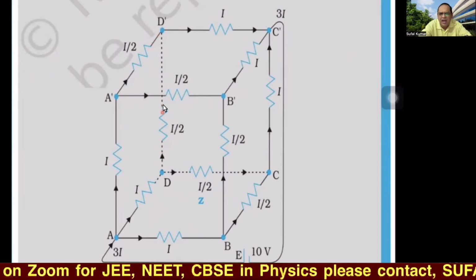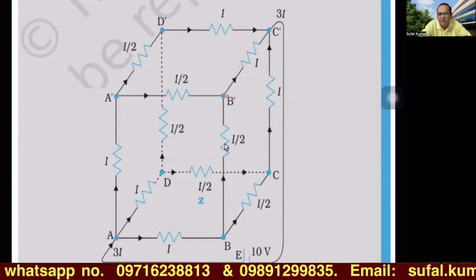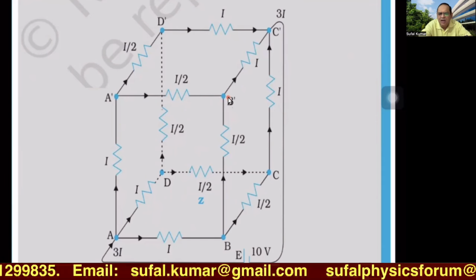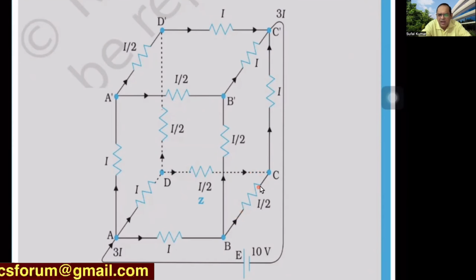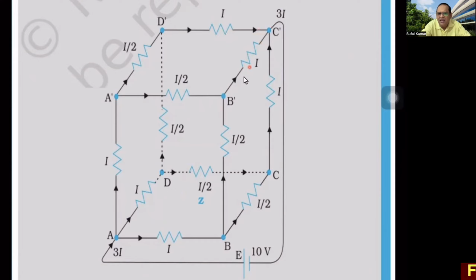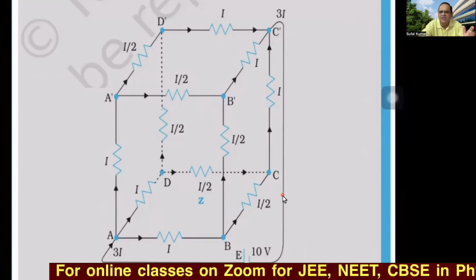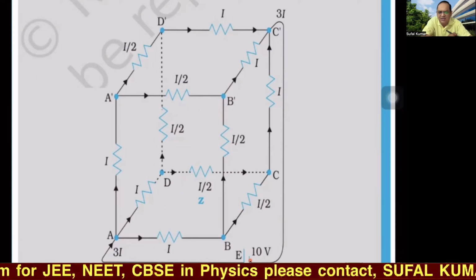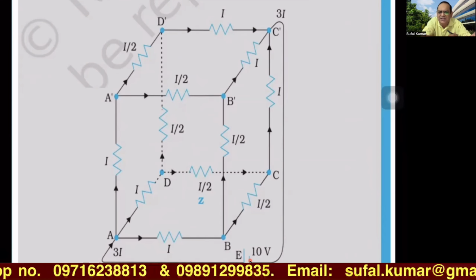This I by 2 and this I by 2 will combine to form I. Then this I by 2 and this I by 2 will combine to form I, and this I by 2 and this I by 2 again will combine to form I. So all these three I will combine to reform 3I, which goes back to the battery. Hence this is a rational assumption of currents across all the edges and routes.